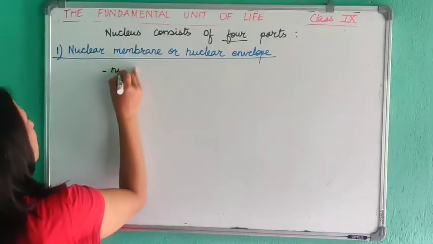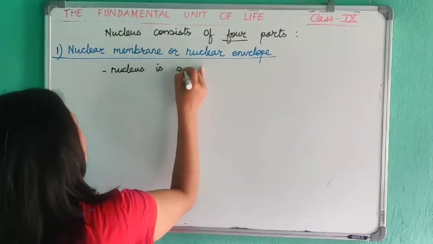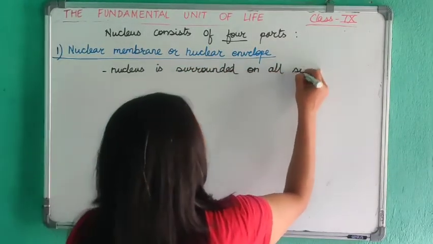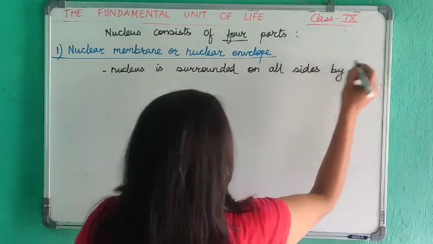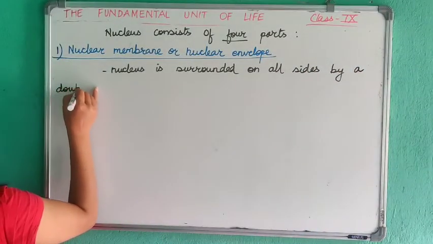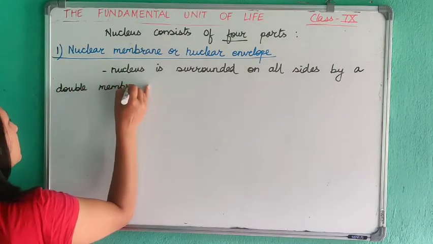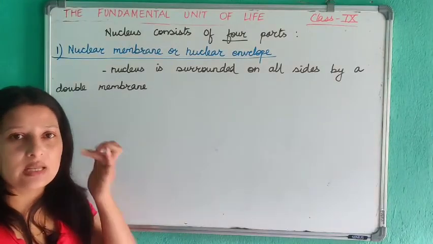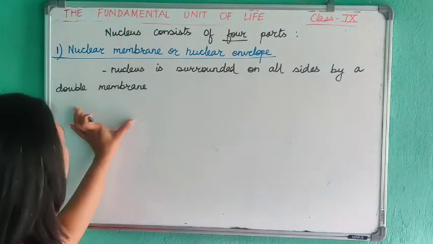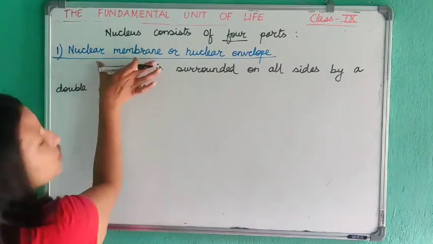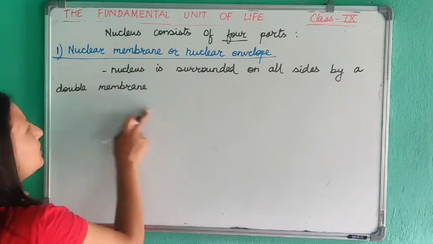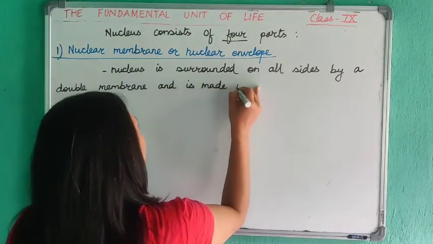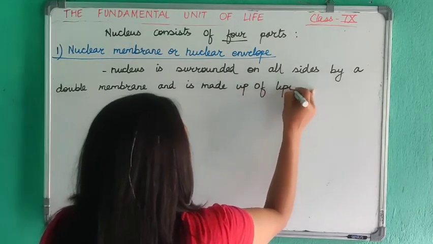So nucleus is surrounded on all sides by a double membrane. जसरी माइटोकन्ड्रियामा double membrane ले surround गरेको हुन्छ, and that double membrane is made up of lipoprotein. Lipoprotein means lipid and protein. So similarly, nucleus is also surrounded by nuclear membrane, which is a double membrane and is made up of lipoprotein.